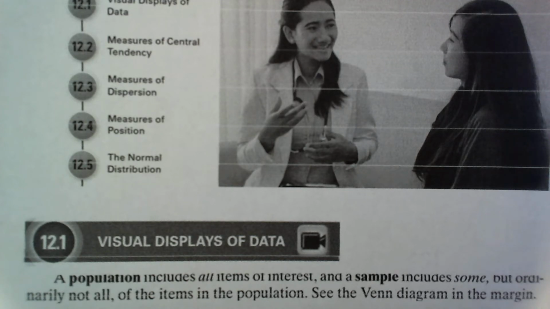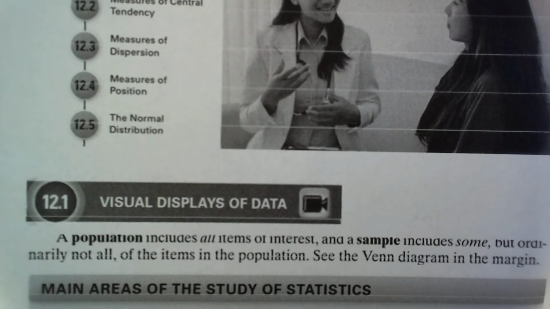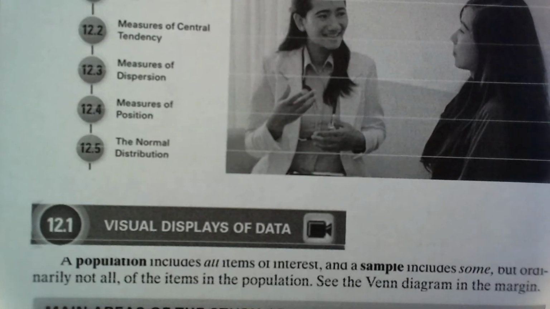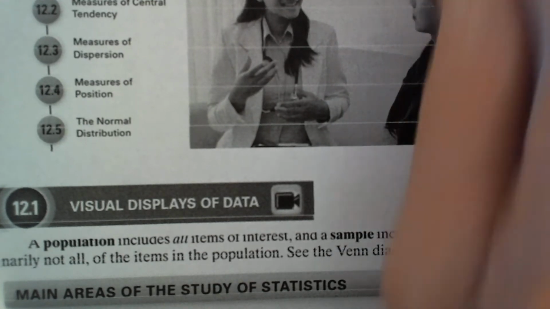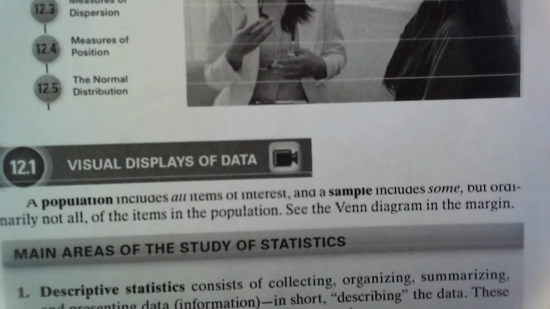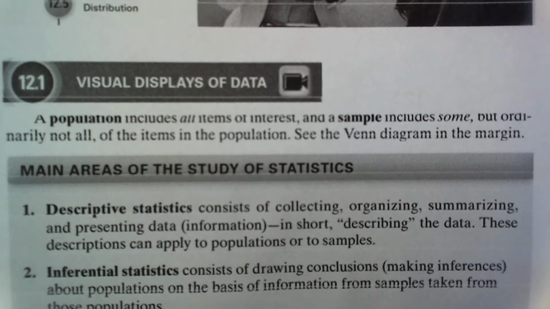So this population and sample would be the key words in this chapter for the section here. But we use these words throughout this whole chapter 12, populations and samples. Now, next are the two main areas of study of statistics.